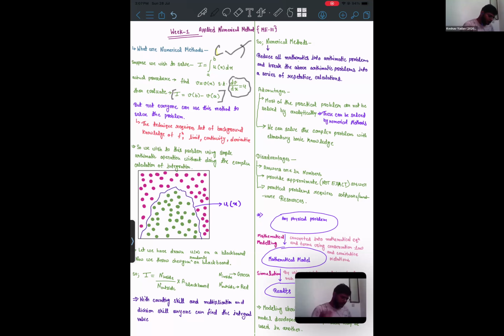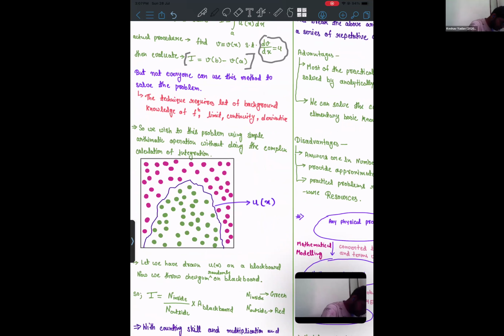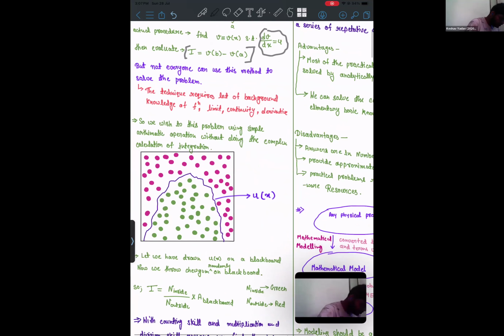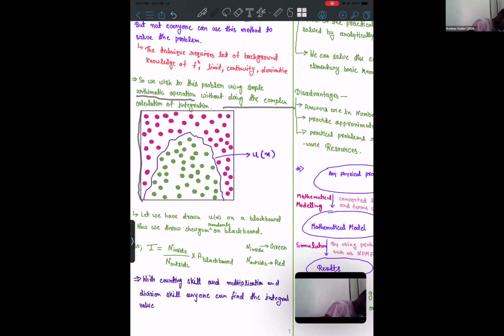Here a small method has been introduced where, by using simple counting and multiplication skills, you can solve this integration, without doing complex calculation. Here we assume a blackboard. This is a blackboard. Then we have drawn this u function here.